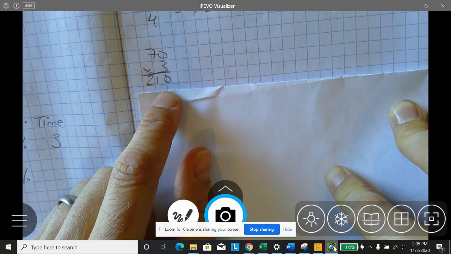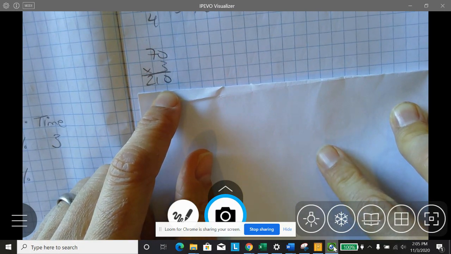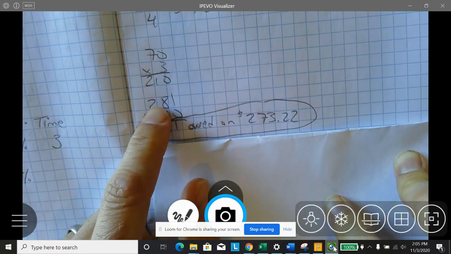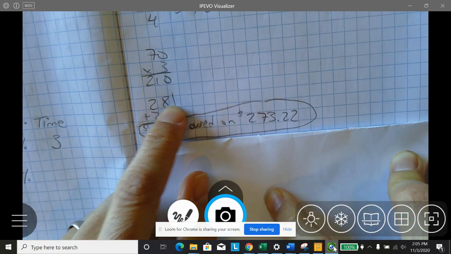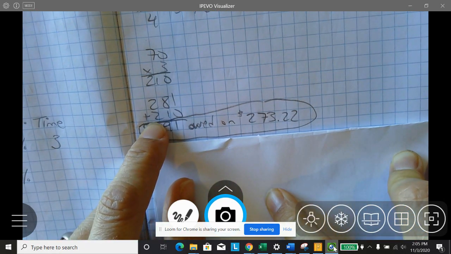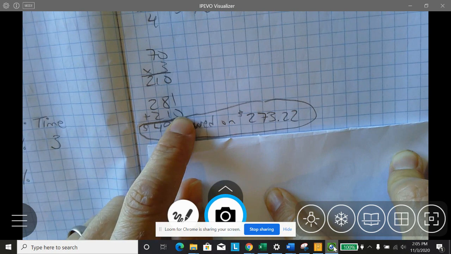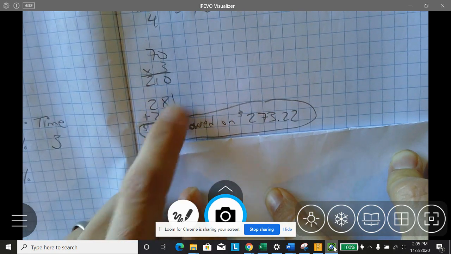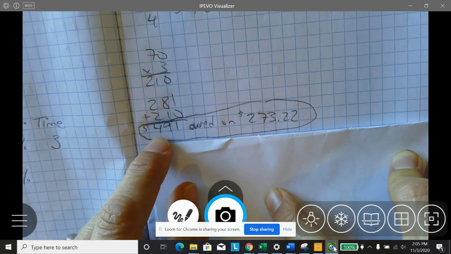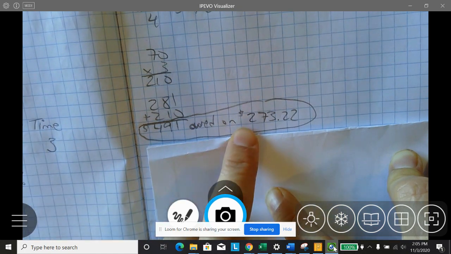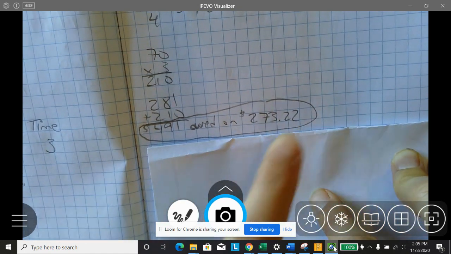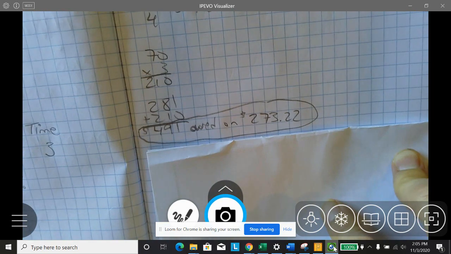So I owe an extra $210 to the credit card company. So in the end, if I'm buying about $281 of stuff, I'm going to owe almost double that just in interest to the credit card company. So you add that up, it's $491. So I owe $491 only on $273 worth of stuff because I didn't pay back quickly enough.